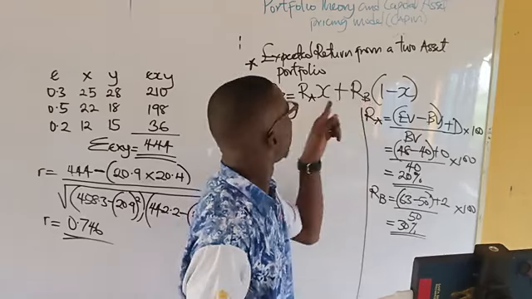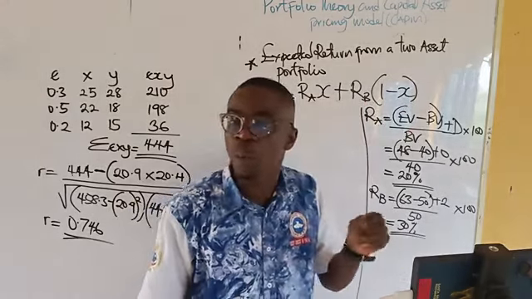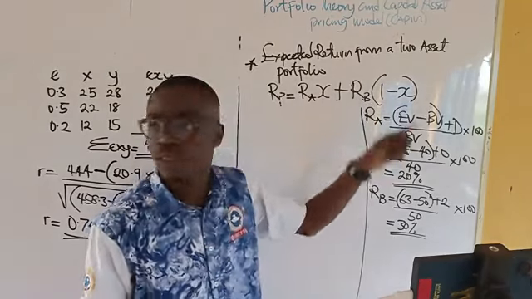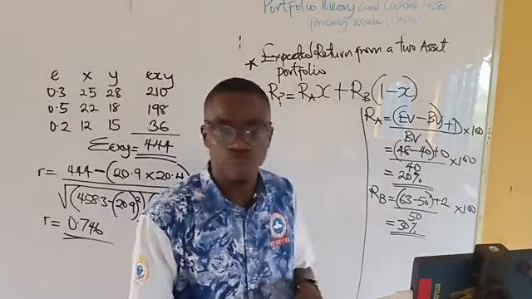And then 1 minus x. I told us that if the proportion of investment of B is not given, it's easy to get. Just assume.